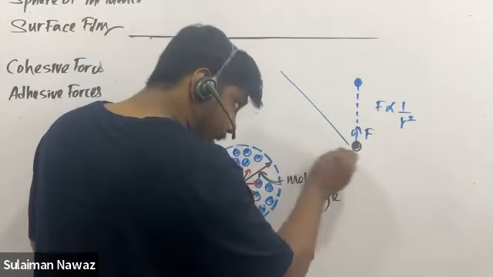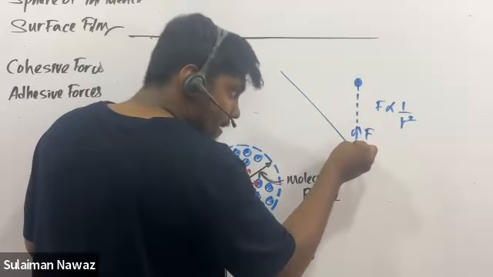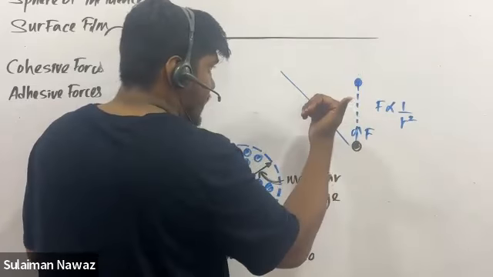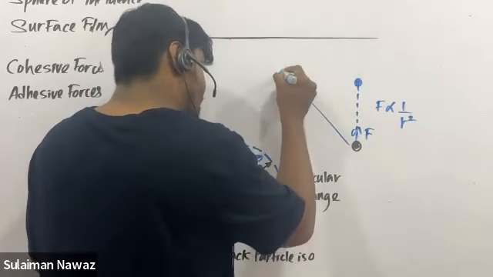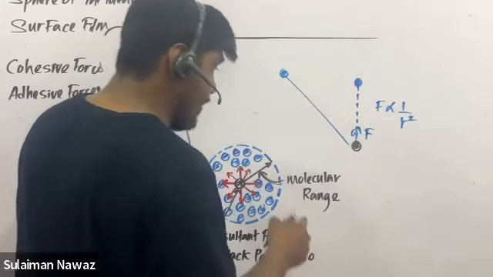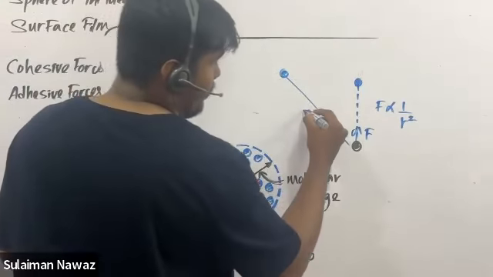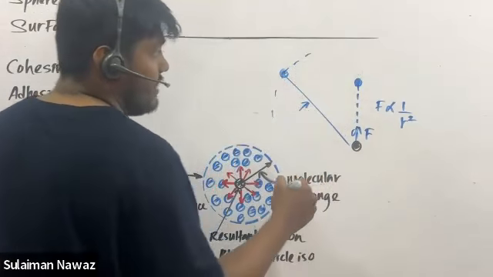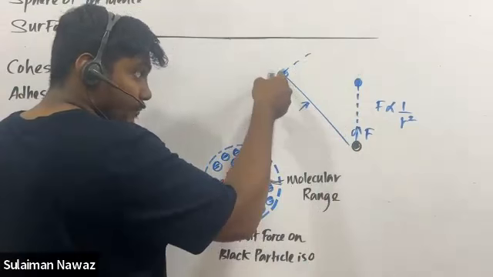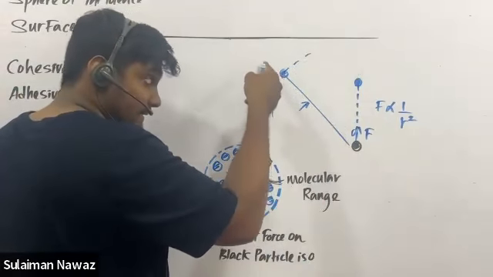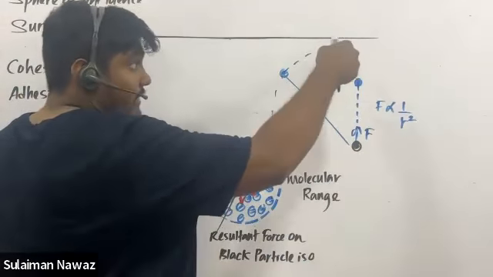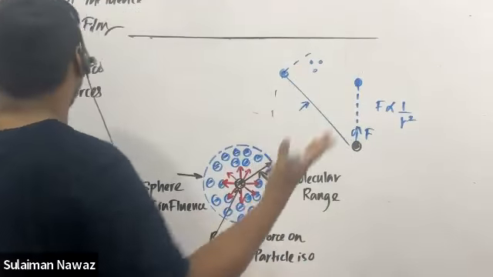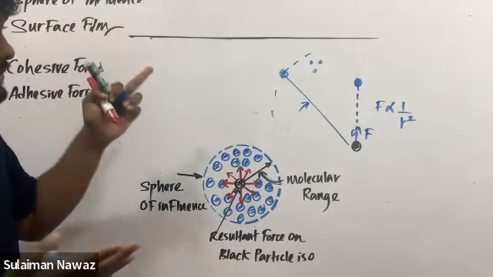Then in order to impact this black color particle, the minimum distance that a particle should be placed at, we call the molecular range. And if I create a boundary considering the molecular range as my distance, if I create a sphere, all the particles inside the sphere I'm calling the sphere of influence.